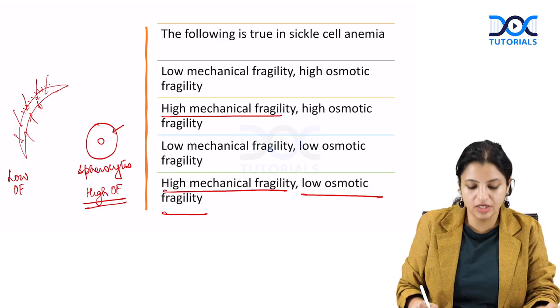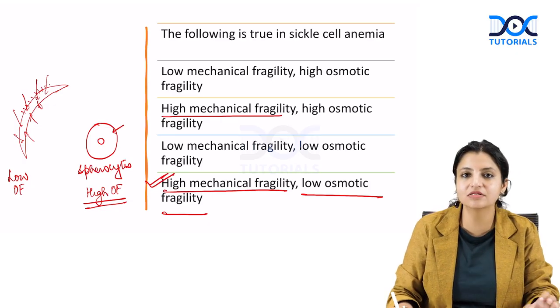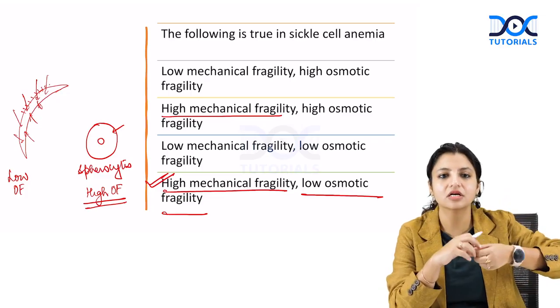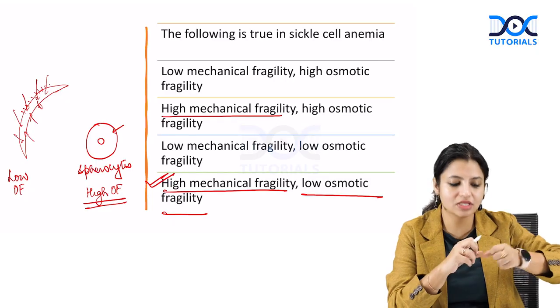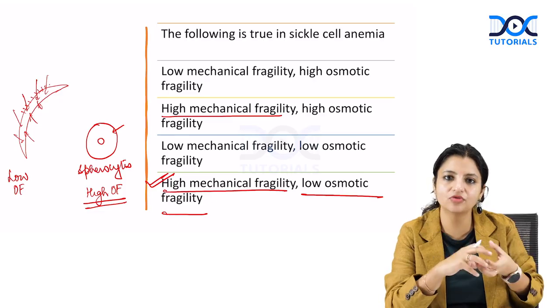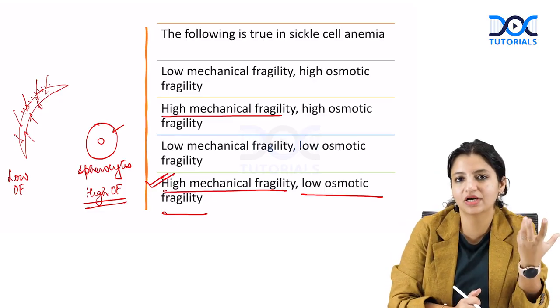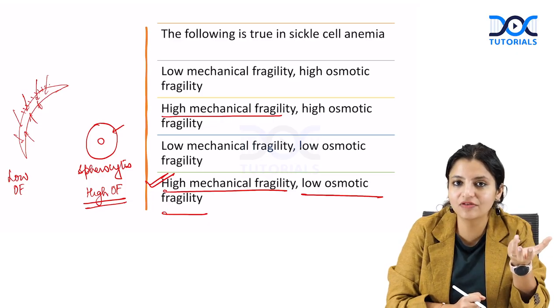Everybody should be clear about this point: sickle cells are very mechanically fragile cells. This is because the problem in sickle cell anemia is decreased solubility, so the hemoglobin molecules bind with one another to form sickled cells. Their membranes are already damaged, so with a little more trauma, they'll rupture.